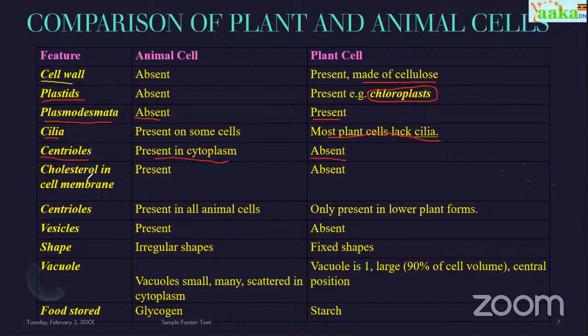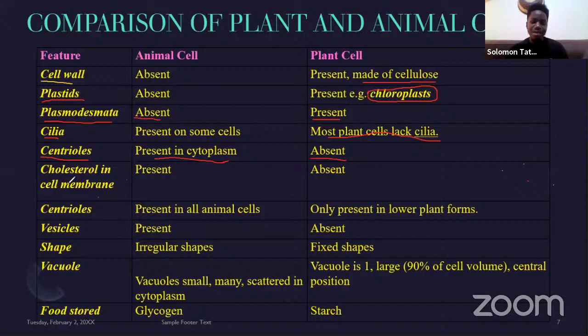Cholesterol in the cell membrane is present in animal cells and absent in plant cells. Vesicles are present in animal cells, absent in plant cells.